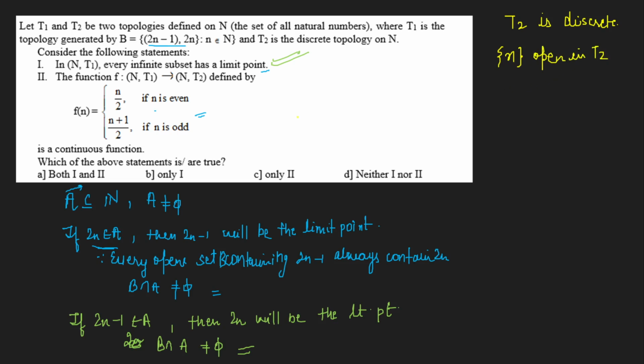So now to check continuity, I have to check that if f inverse of n is open, then I'll say that it is continuous. Otherwise, if it is not open, then I'll say it is discontinuous, right? So let's take this function, f(x) is equal to x, let's define.